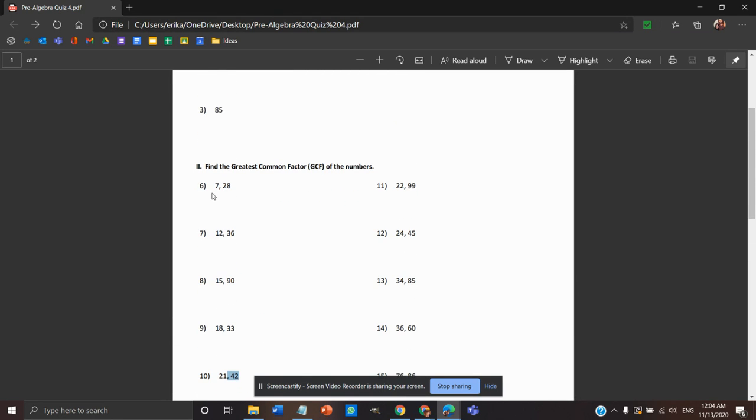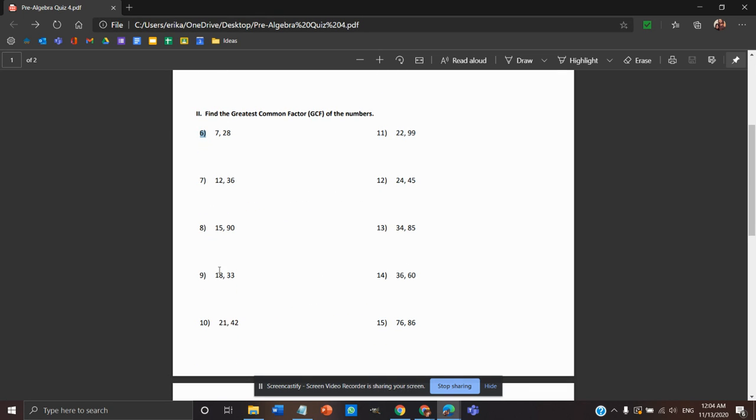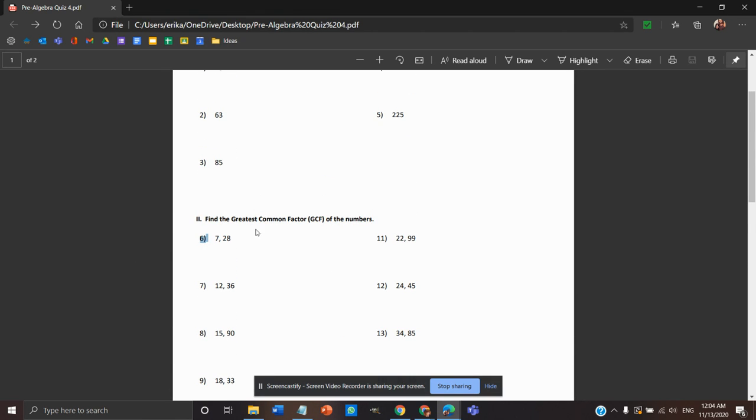Now, this number that has half of a parenthesis is just telling you that that is exercise number 6. You have 1, 2, 3, 4, 5, 6, 7, 8, 9, 10, 11, 12, and so on to 15. So that half parenthesis is just the number of the exercise, so there's no confusion there.